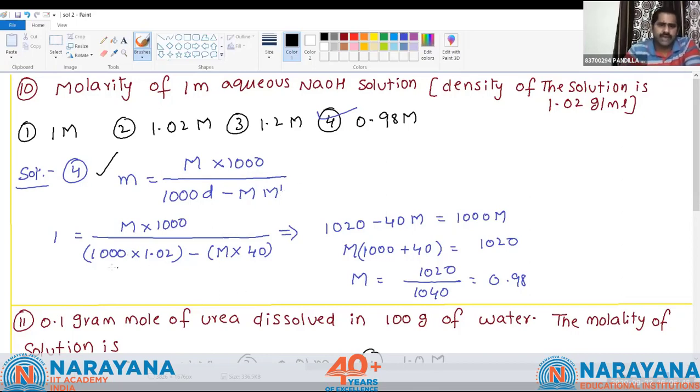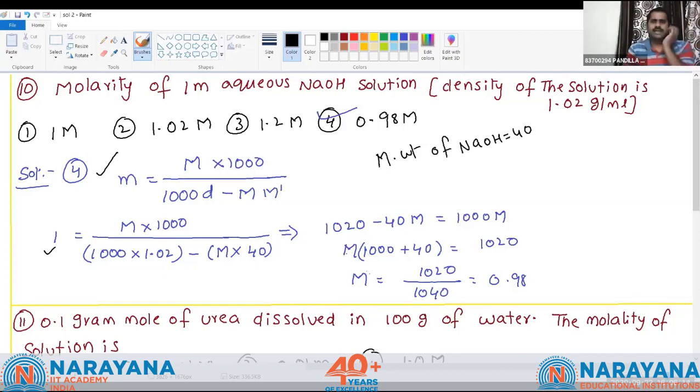By substituting molality 1, capital M into 1000 by 1000 into density 1.02 minus capital M molarity into molecular weight of NaOH, which is 40. Remember students, the molecular weight of NaOH is 40.